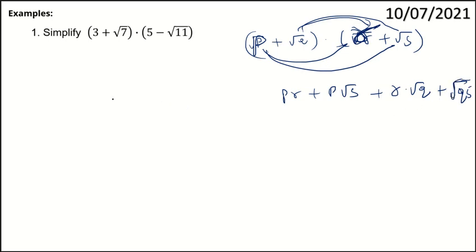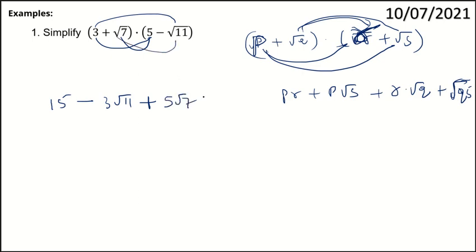So this is how we do it: 3 fives are 15, minus 3 into root 11, plus root 7 into 5 is 5 root 7, plus into minus is minus, root under 7 into 11 is 77. So this is the answer.